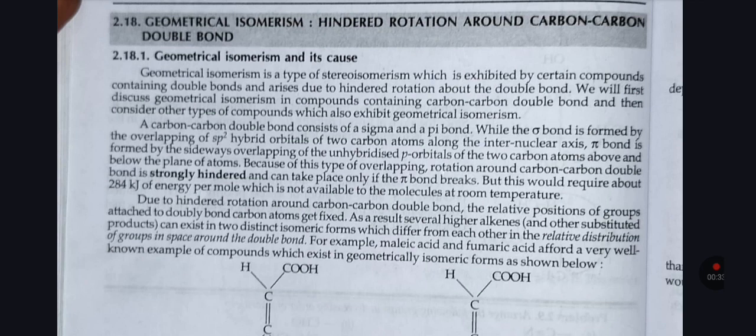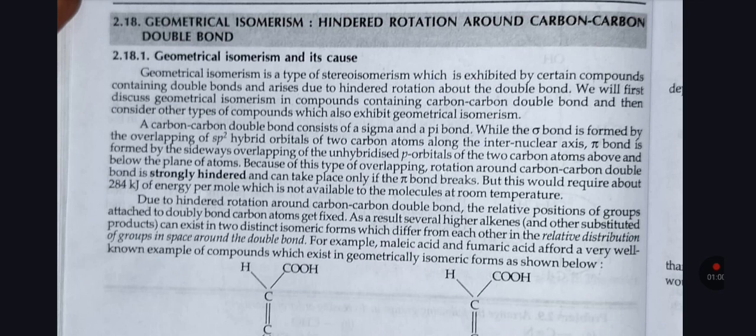A carbon-carbon double bond consists of a sigma and a pi bond. The sigma bond is formed by the overlap of sp2 hybridized orbitals of two carbon atoms along the internuclear axis. The pi bond is formed by sideways overlapping of unhybridized p orbitals of the two carbon atoms above and below the plane of the atoms.